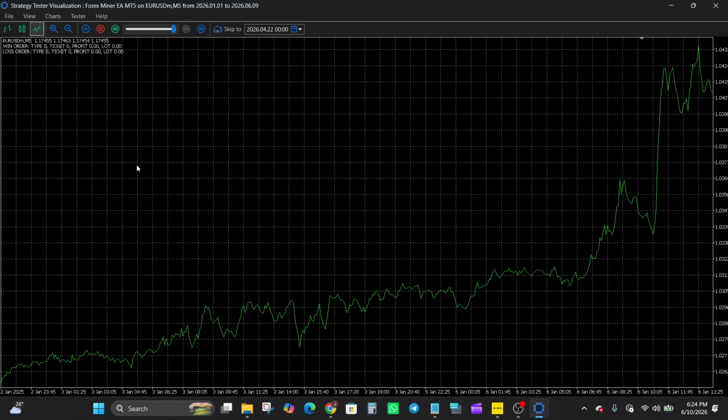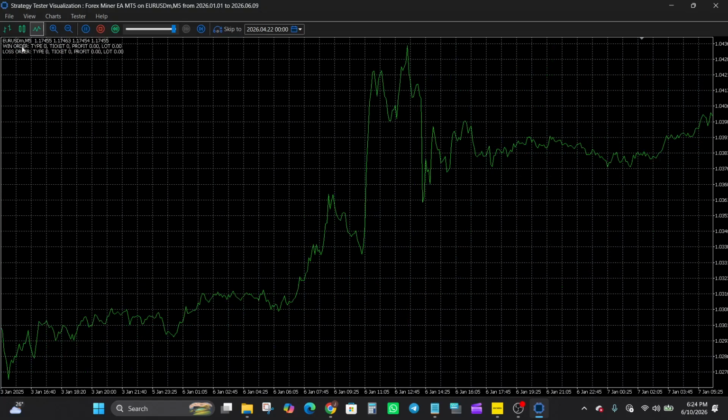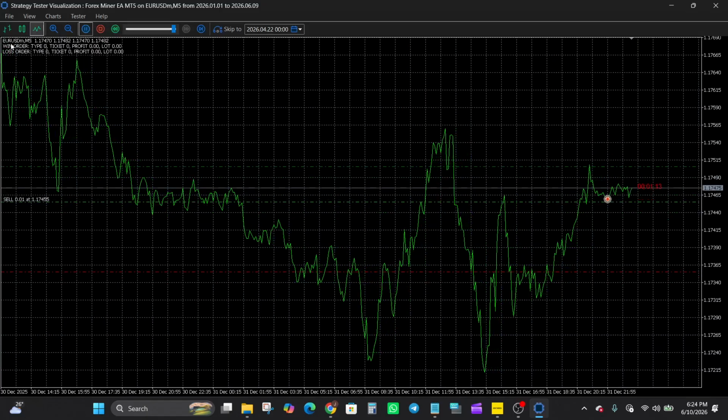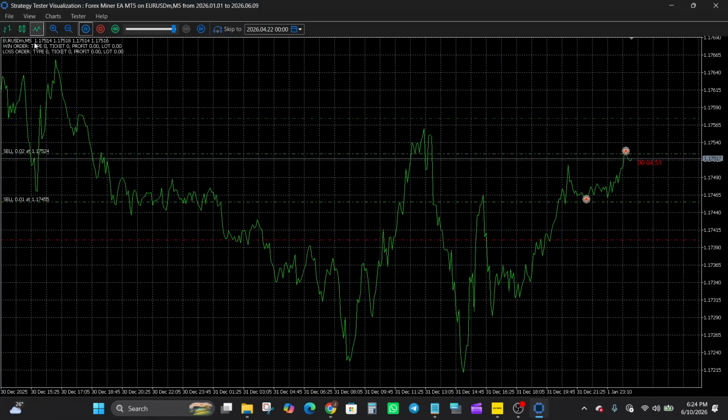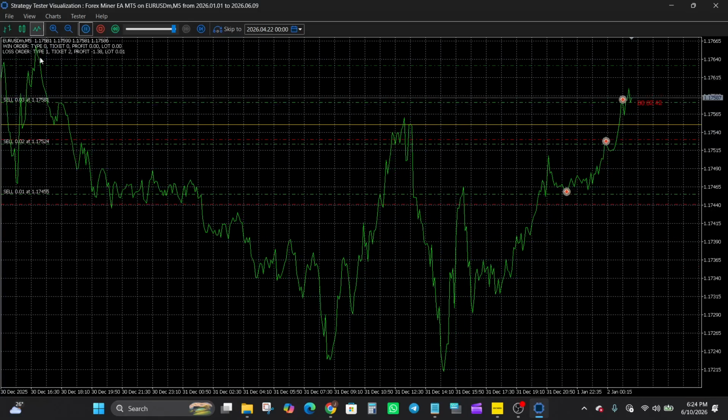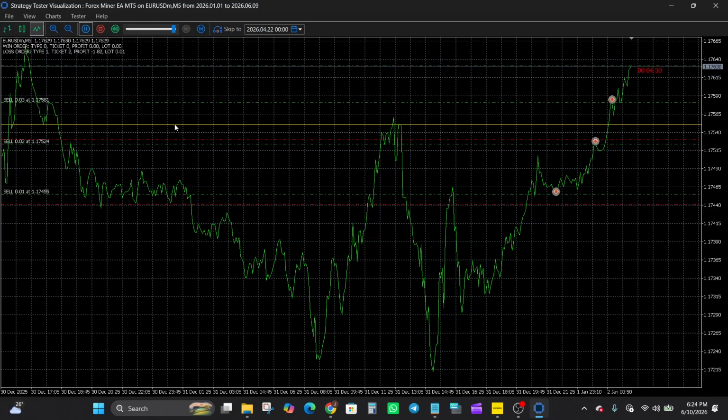Okay. So here we can see some information being displayed, showing the currency pair, the time frame, OHLC, the win order type, loss order type, okay, ticket profit, lots, and all of that.